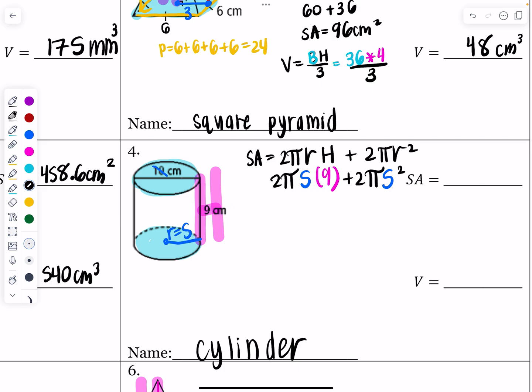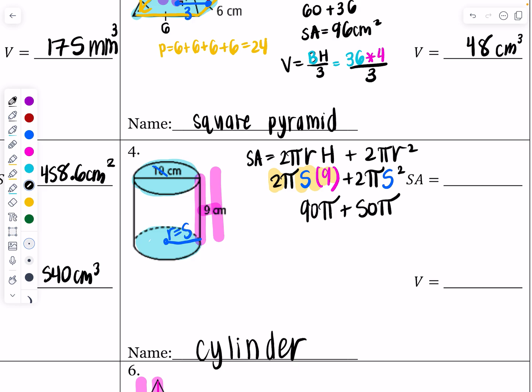And so we're going to go ahead and do each part. So I'm going to simplify this part, and I'm going to type in everything except the pi symbol. So I'm going to do 2 times 5 times 9. 2 times 5 times 9 gives me 90 pi right here. So I've got 90 pi for circumference times height, which is the walls. And now I need to add my 2 bases, which is going to be 50 pi.